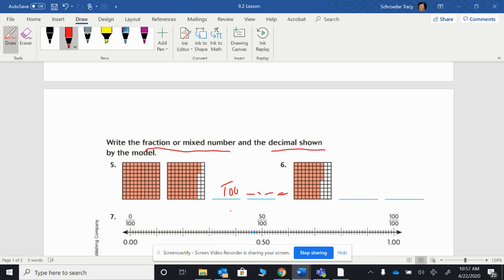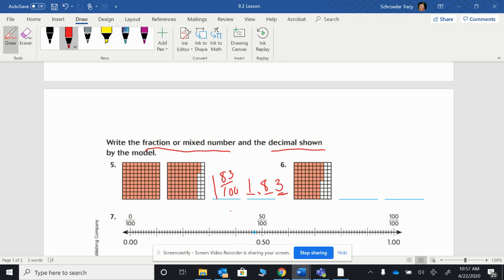So I have one whole, and then if I count my parts on this side, I have 10, 20, 30, 40, 50, 60, 70, 80, and 3 more is 83. So I have one whole and 83 hundredths, or 1 and 83 hundredths.